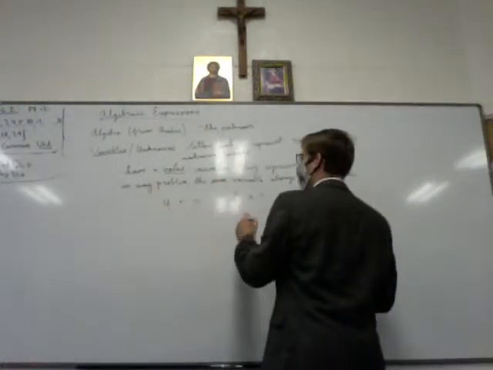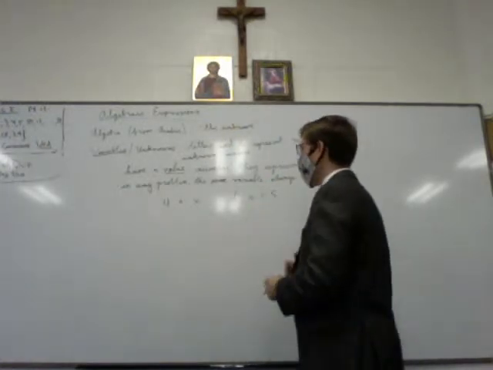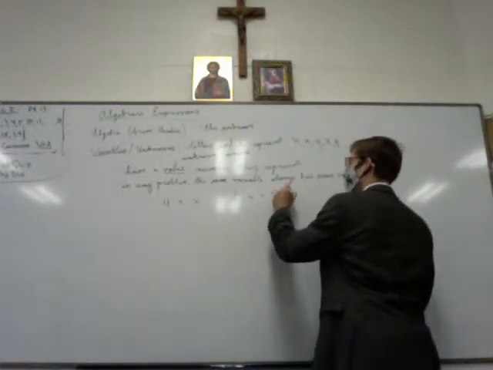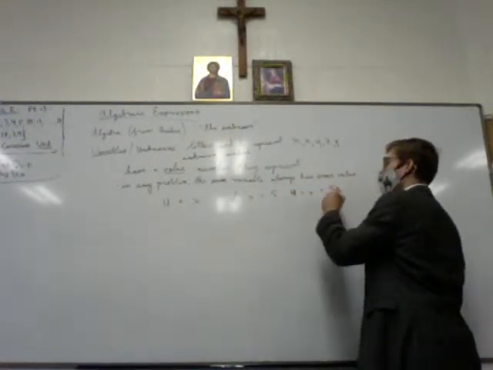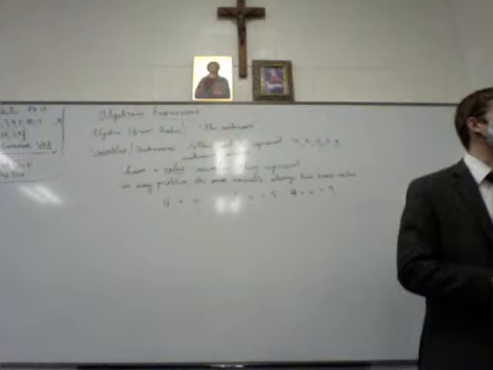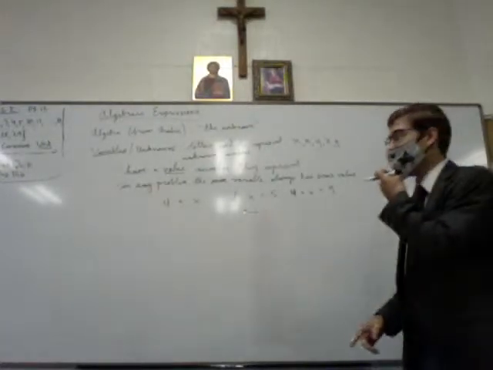If the value of x is 5, then what's 4 plus x? 9. Right? If x equals 5, then 4 plus x equals 9. All that x is doing there is standing in for 5. How do we know it stands in for 5? I just told you, x equals 5.